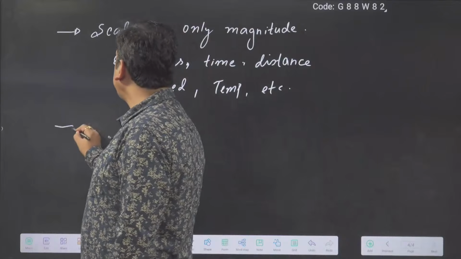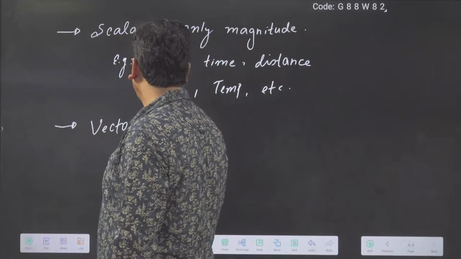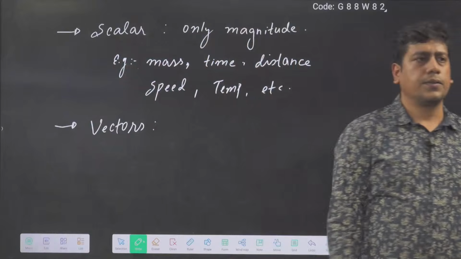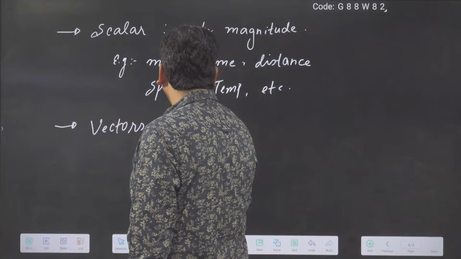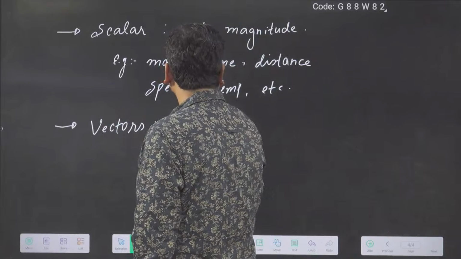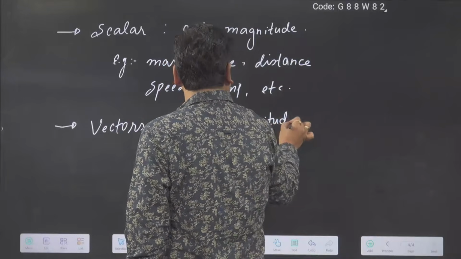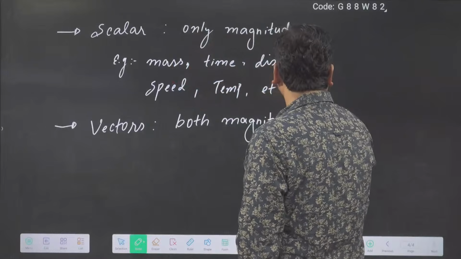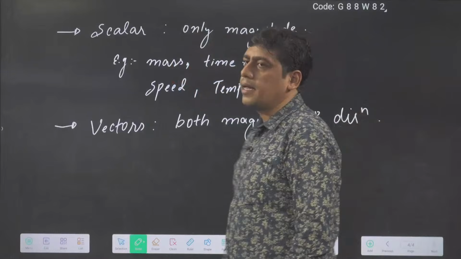Now the other one is vectors. Vectors. Now they have both magnitude and direction.